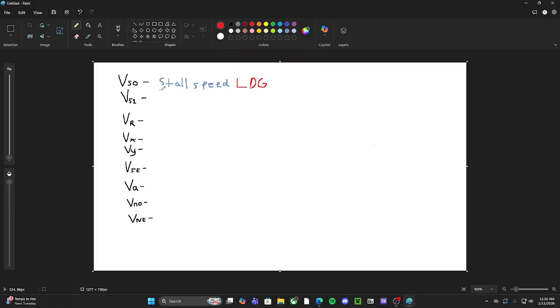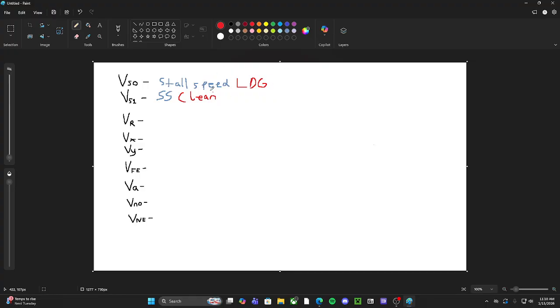Then we have VS1, which is the same thing. We got our stall speed in a clean configuration. So if you remember before, Bart, when we were talking about different configurations, you got dirty and clean. And dirty would mean when you have all your flaps in, you're going into land, like we did when we were flying in the 152, or like I explained to you how we use full flaps when we're going into land.